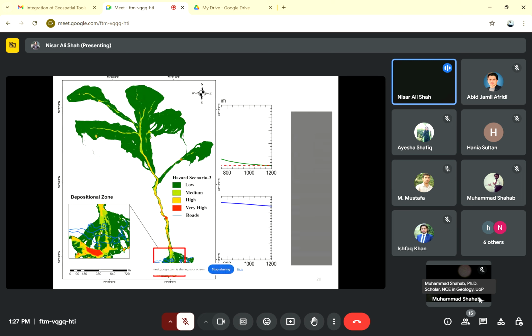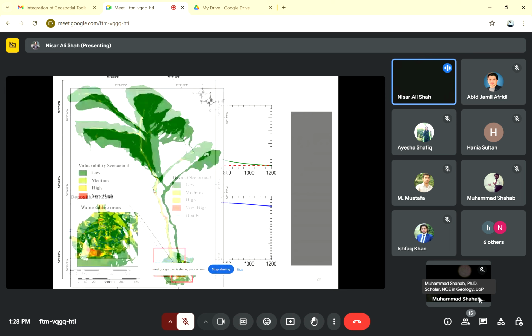And in the alluvial fan, as we discussed in the regional scale study, the risk is lying in the alluvial fan and the hazard is lying in the catchment area. So you can also see in this map the catchment, the eroded material, and due to this volume or these hydrological conditions, there is high hazard in the catchment area, and risk is in the alluvial fans.